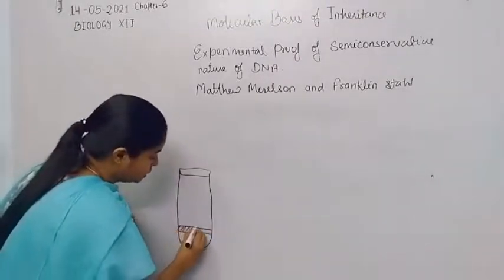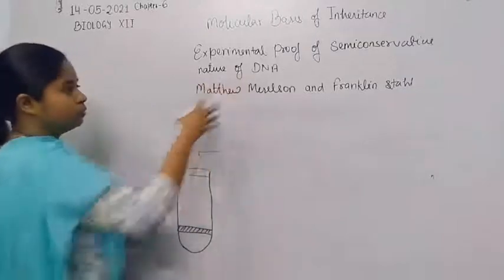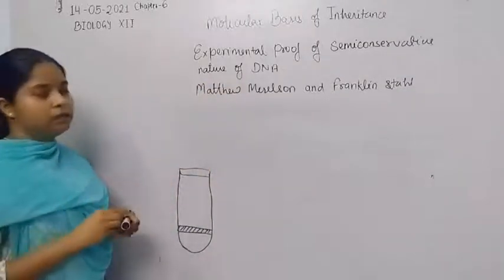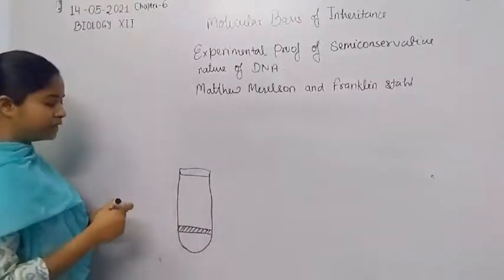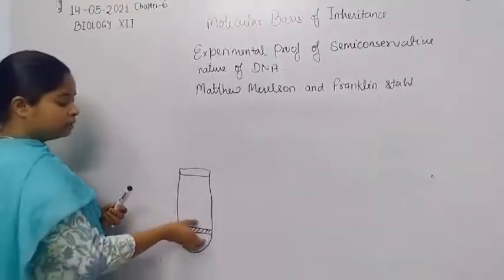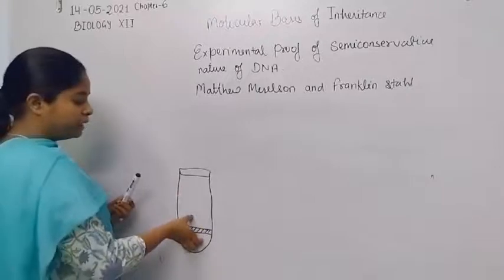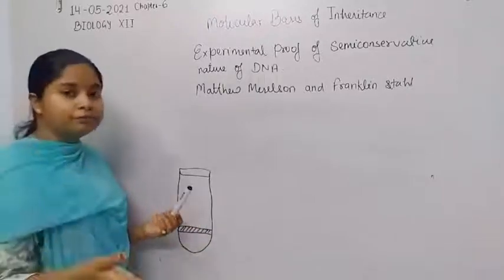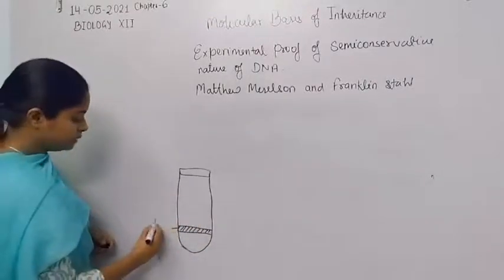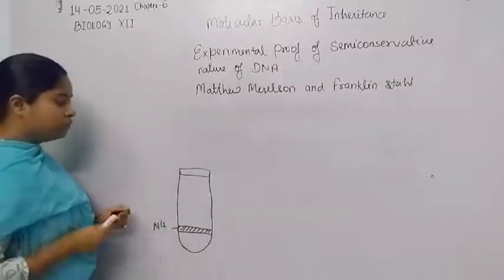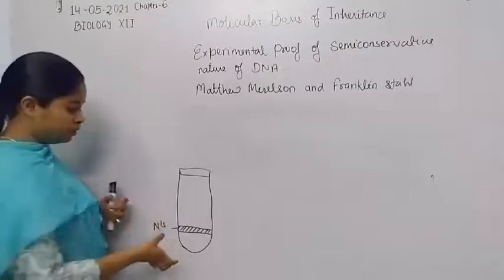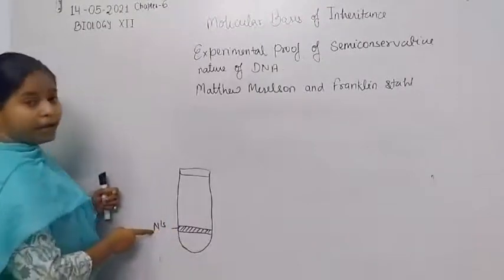They considered that because the bacteria grew on the N15 medium, or N15 ammonium chloride, the bacteria have DNA which is formed by the N15 nitrogen. So the band obtained by centrifugation actually has the N15 nitrogen.